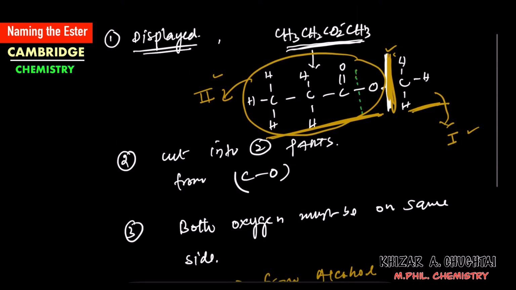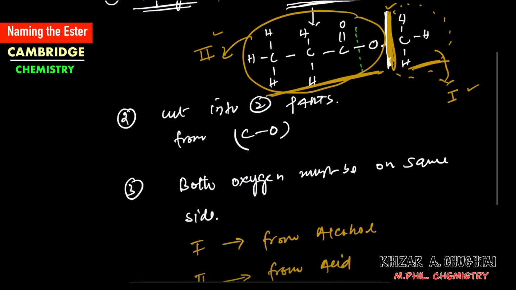So the portion that has no oxygen belongs to alcohol. And the second portion that has 3 carbons came from carboxylic acid.